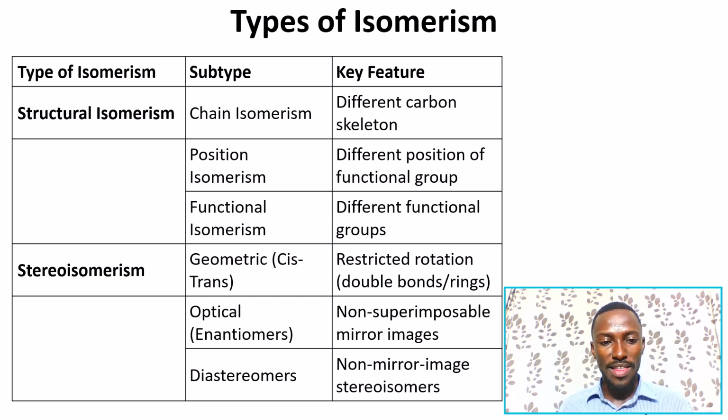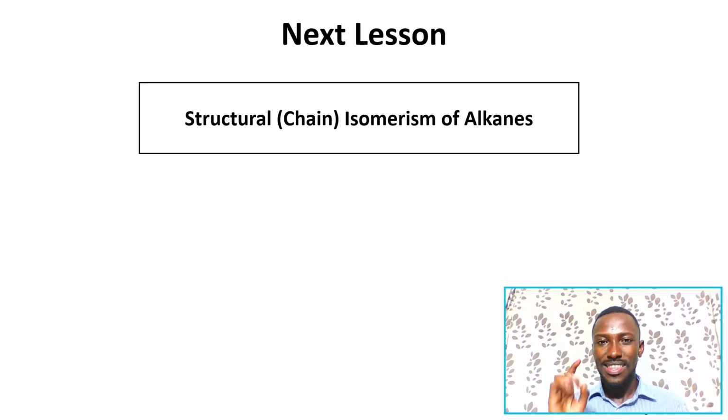So you can look at them. Geometric isomerism, which are the cis-trans one we already discussed. But in future lessons, we'll pick these subtypes and discuss them more into details. But for now, we'll be focusing on structural isomerism, more specifically chain isomerism in alkanes. That will be the lesson we'll be discussing next.